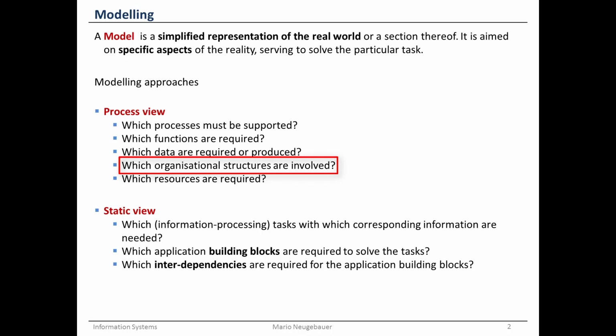Fourth question, which organizational structures are involved? What people, what departments are involved? And this refers to the connection between the control view and the organizational view, and is an important part to allocate the organizational resources in a proper way. And the last question in this process view aspect, which resources are required?